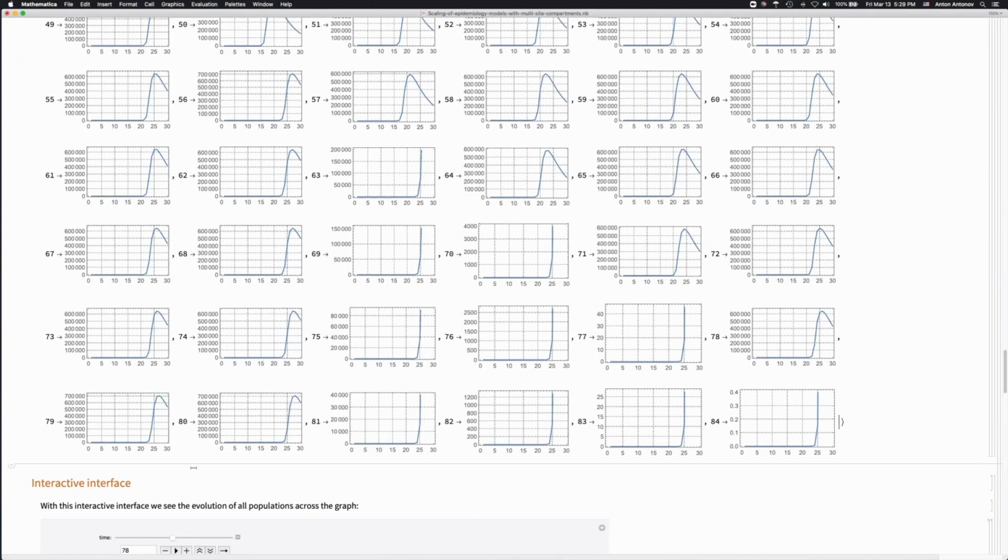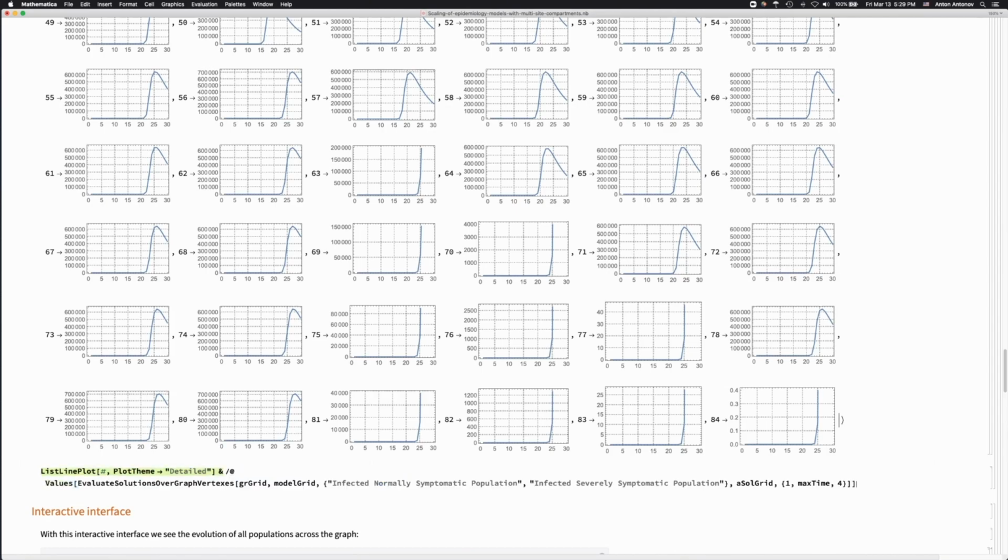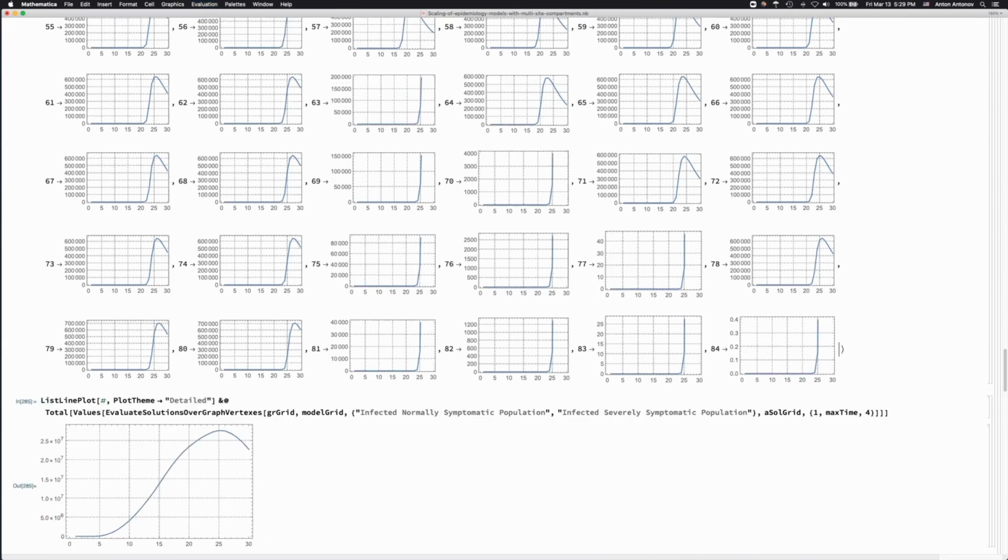But if I do the sum of these models, if I take the values of this structure and then do the total, and just do standard application, you can see that I have a very different distribution.